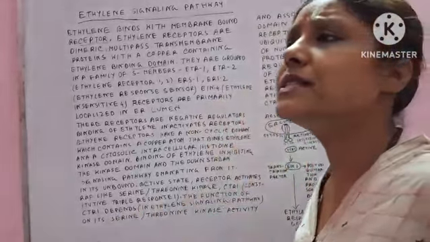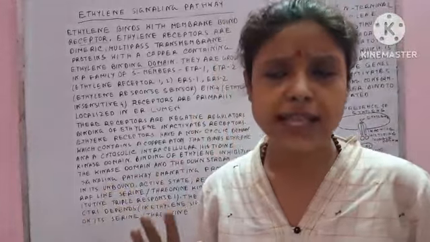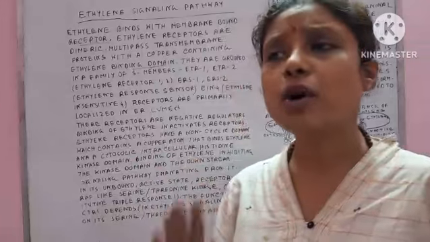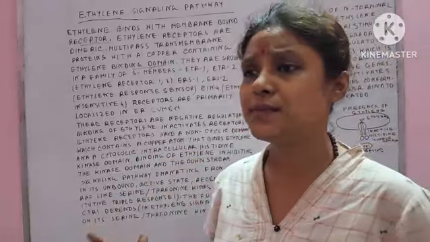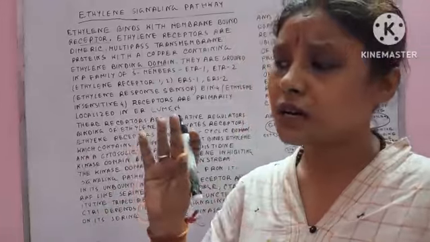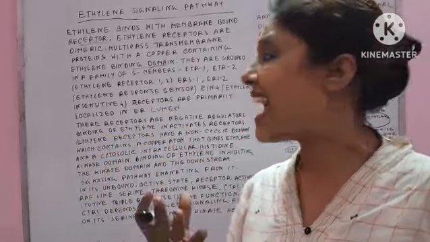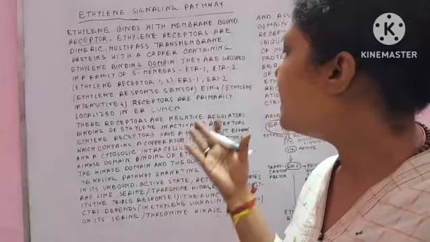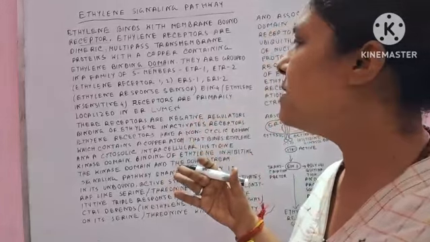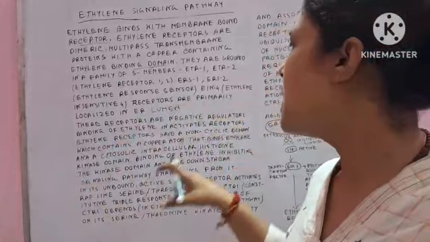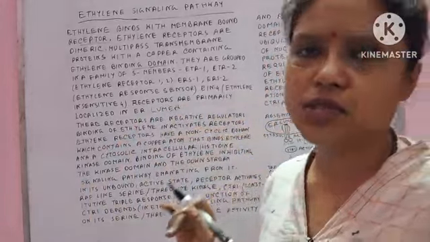Negative regulators means two kinds of regulators are there. One is the positive regulators, another is the negative regulators. Positive regulators are those where the hormone binds and the receptors become activated. And negative regulators means when ethylene binds with the receptors, this inactivates the receptors.